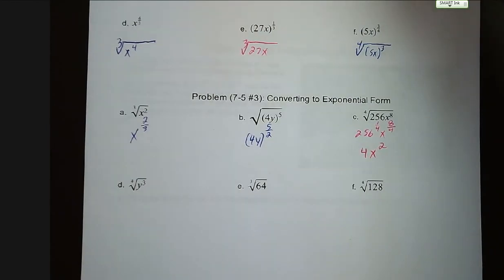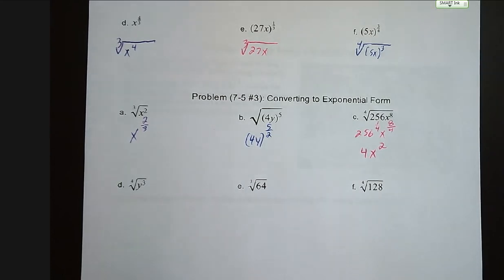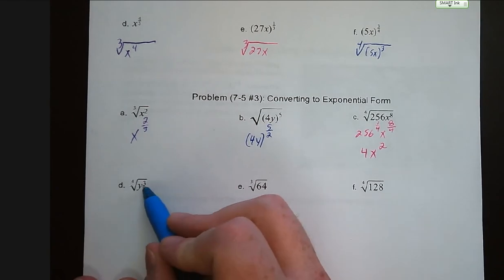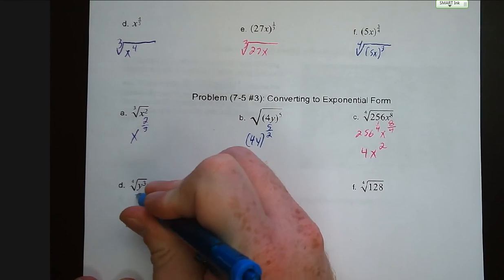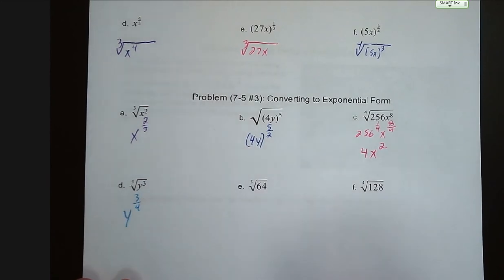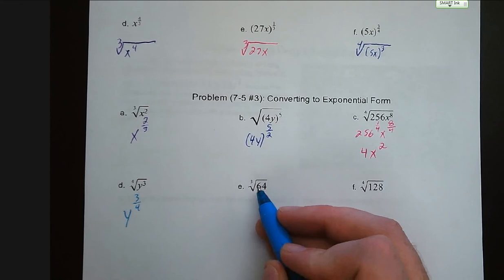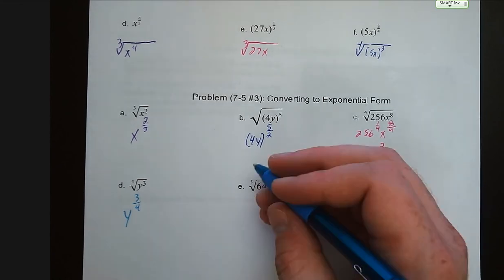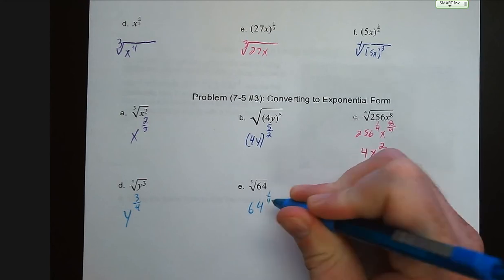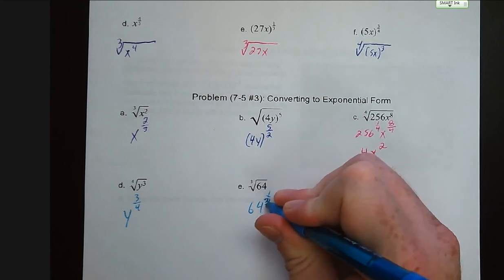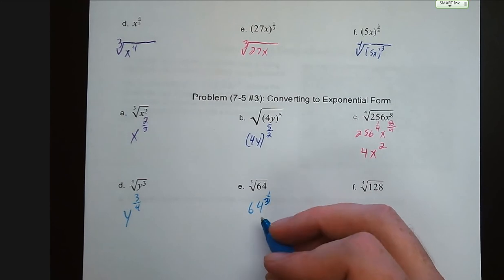Okay. I want you guys to try D, E, and F, and then I will go over it. So, letter D, we have y to the 3rd, and we're taking the 4th root of it. So that's going to be y to the 3/4 power. Letter E is the cube root of 64. So we have 64 to the, sorry, 1/3, and that would actually be 4.